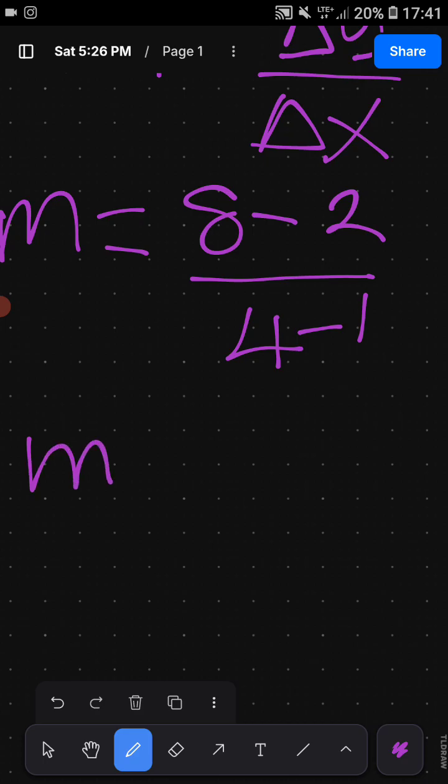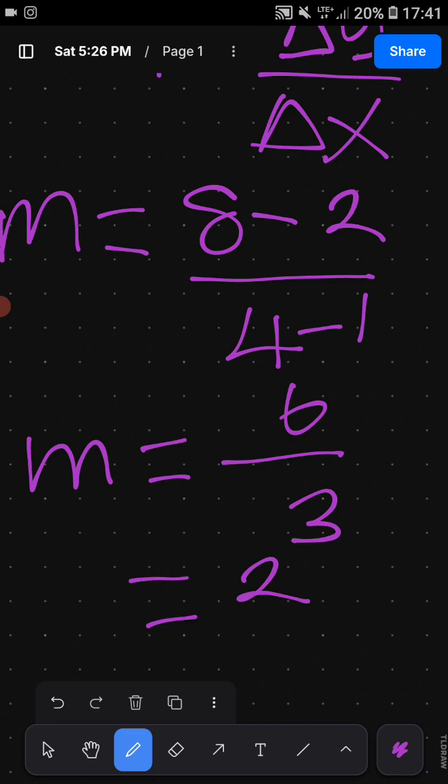What's 8 minus 2? 8 minus 2 is 6, and 4 minus 1 is 3. So m is equal to 6 divided by 3, which is 2. Our gradient is 2.